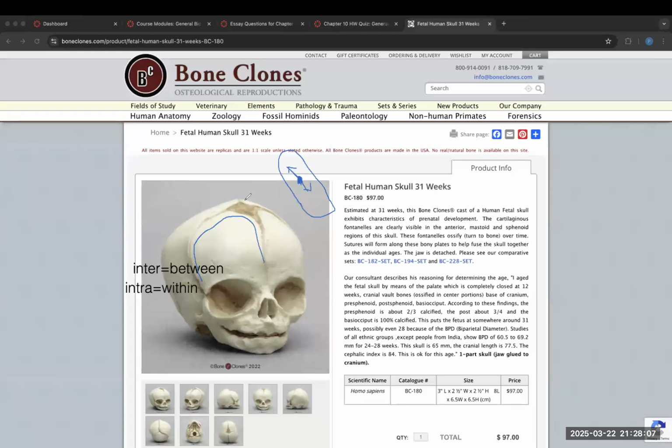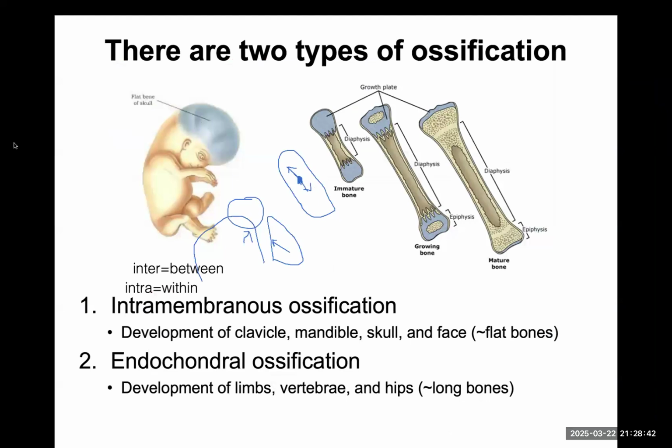There's this soft spot. And then they start to grow. The bones start to grow in this direction and then in this direction. And eventually they're going to fuse together. But there's this soft spot. That's the intramembranous growth, that's ossification that's happening. So there's the soft membrane, and then eventually it's going to form the skull. But there's the soft spot, they're not fused together for the development and the growth of the brain. So that's what's happening in the skull.